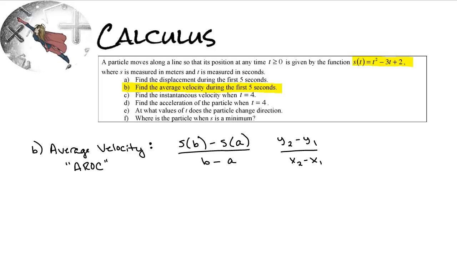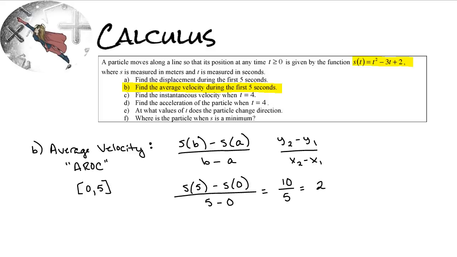And the interval on this problem again is 0 to 5 because they said during the first 5 seconds. And actually we just found S of B minus S of A in the first problem, but let's just redo that work. So it was S of 5 minus S of 0 over 5 minus 0. Now I did do the work for the numerator on the other page, so that was 10 we got over 5, so this ends up being 2 altogether.